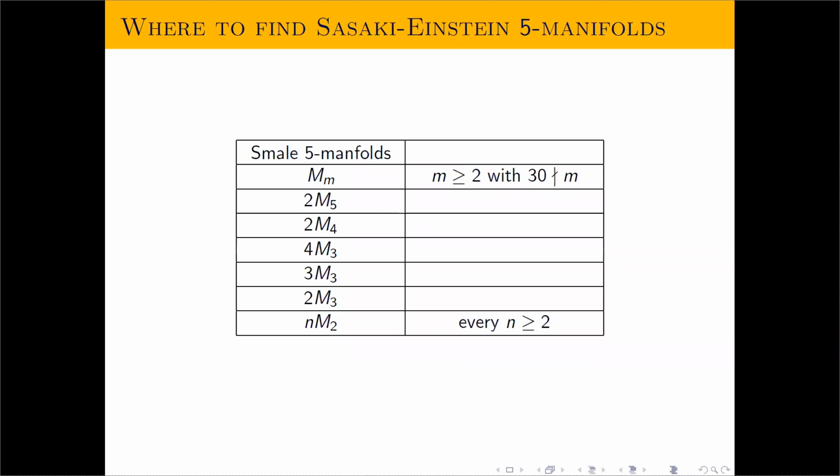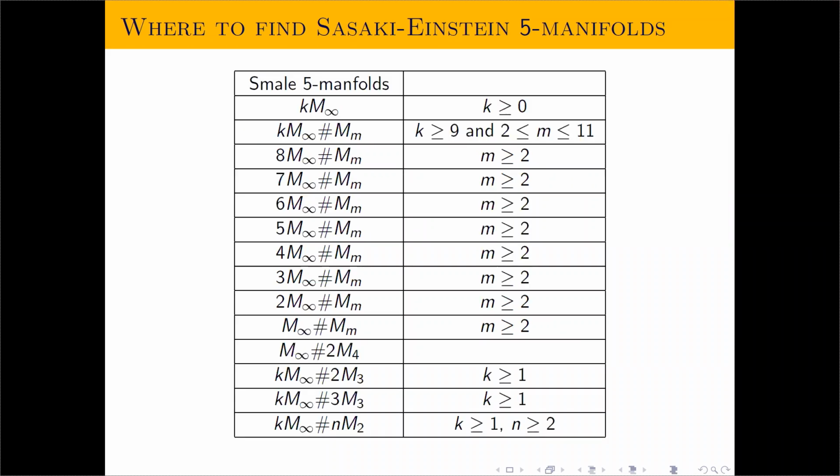So this is the only possible candidate for the Sasaki-Einstein metric. And if you have a positive rank, then you have these possibilities. So here your torsion part is restricted.